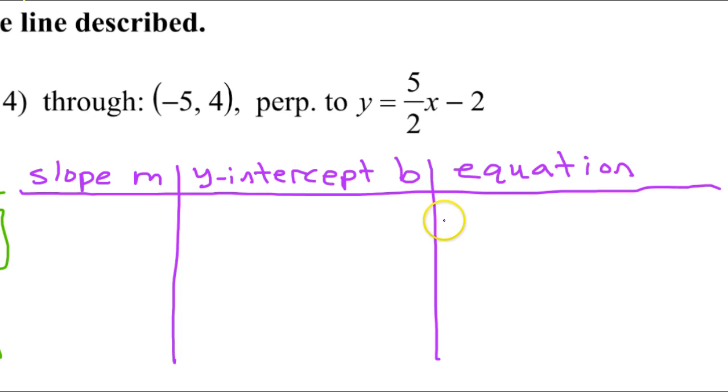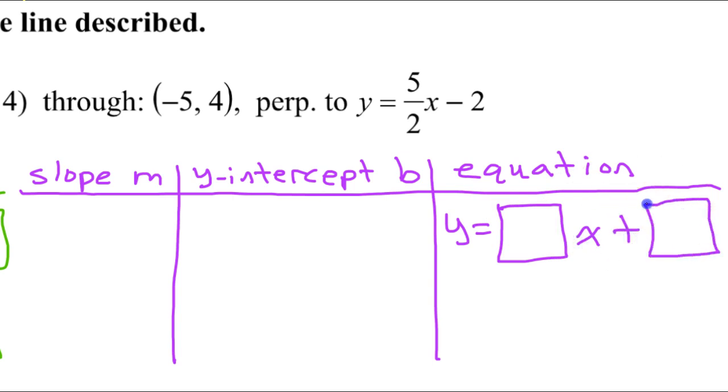The equation always goes y equals something times x plus something. The first box is the slope, and the second box is the y-intercept.